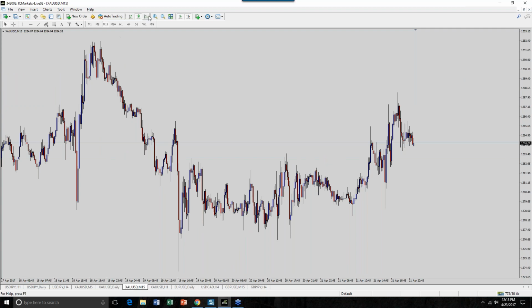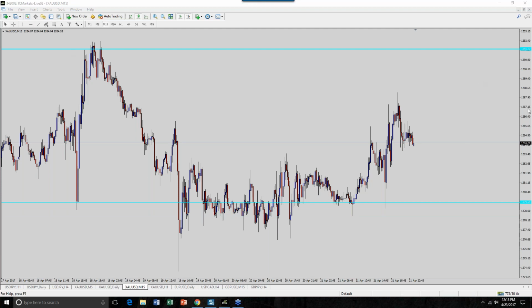The 15-minute chart gives you a lot of information, and I'll keep it expanded a little bit because now when I start to maneuver, you can start to see we had a 1290 level, and then at the bottom here, you have like a 1279 level, 1280 level.